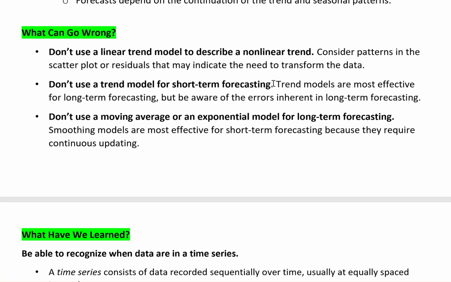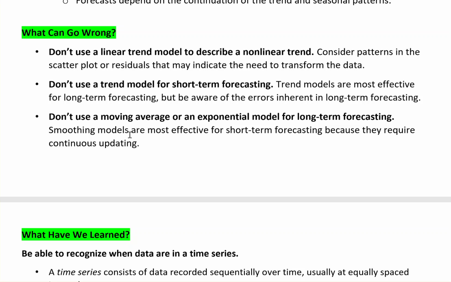To model a time series, we have two ways, two classes, right? The first class is the smoothing method. The second class is using the regression method. If you want to make short-term forecasts, we say the smoothing method is better, right? If you use a trend model, you had better use it for long-term forecasting because it will be more effective.